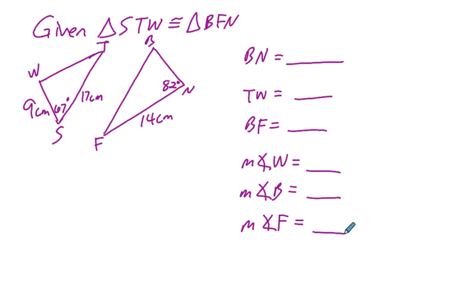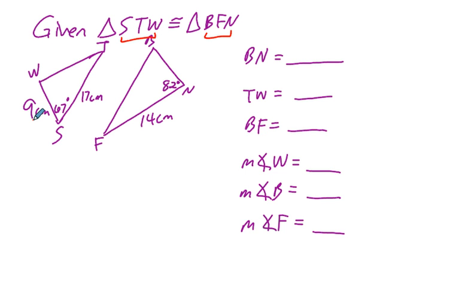So we look at our statement. Sometimes your statement is easier to use than the diagram or the pictures. And if I'm looking for what's congruent to BN, well, BN is my first and third letters. So that means that SW has to be the same as BN. So if I look over here, SW is 9 centimeters.